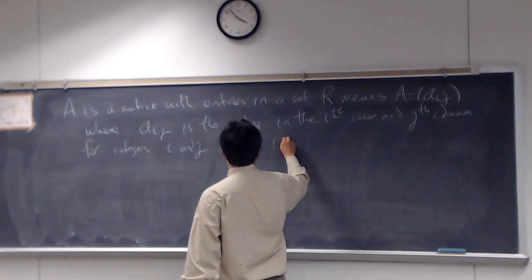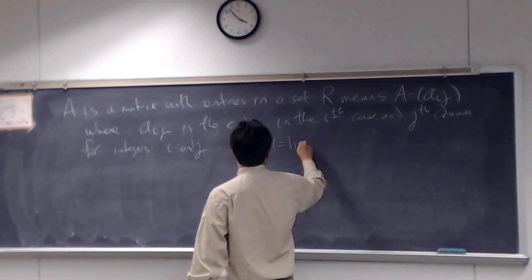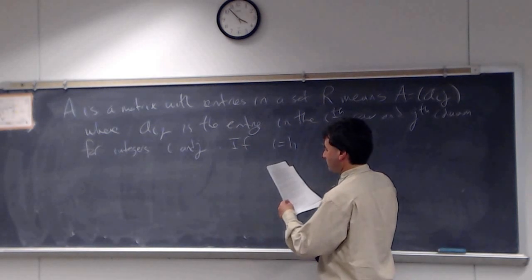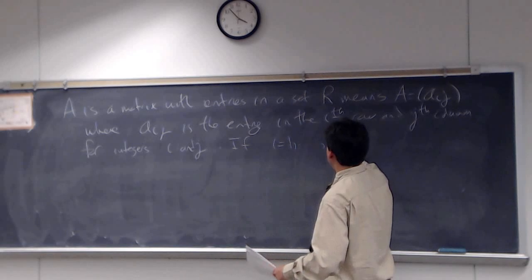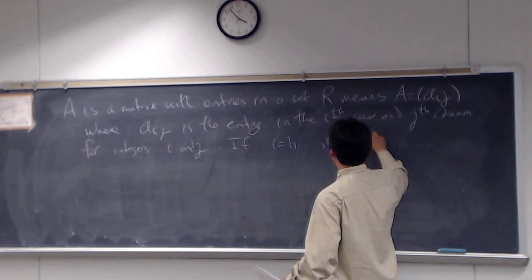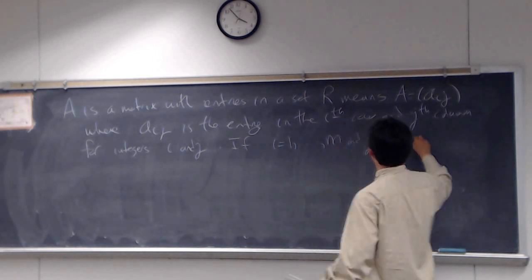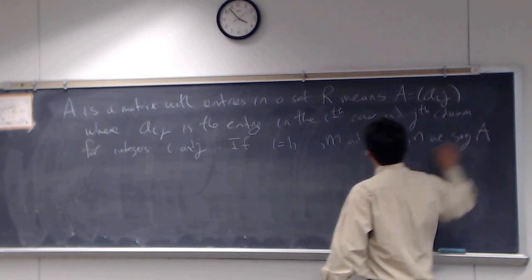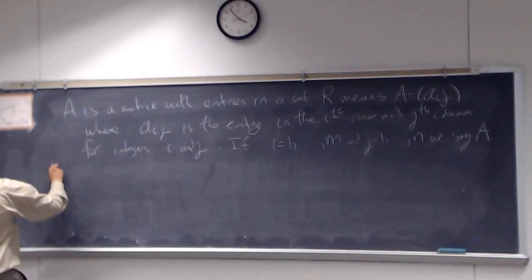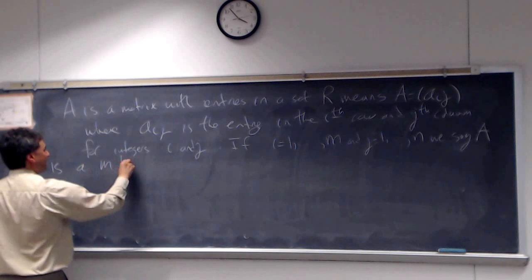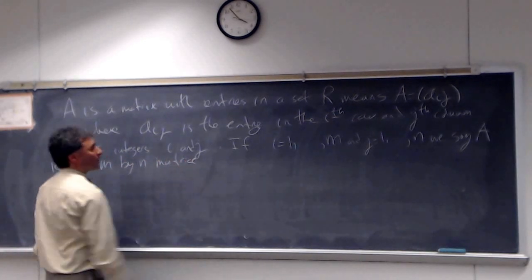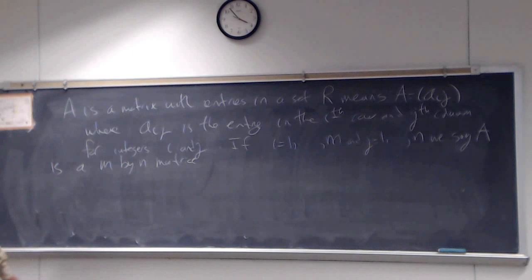And if i goes from 1 to m, and j goes from 1 to n, we say A is an m by n matrix. And we're mainly going to concentrate on square matrices.